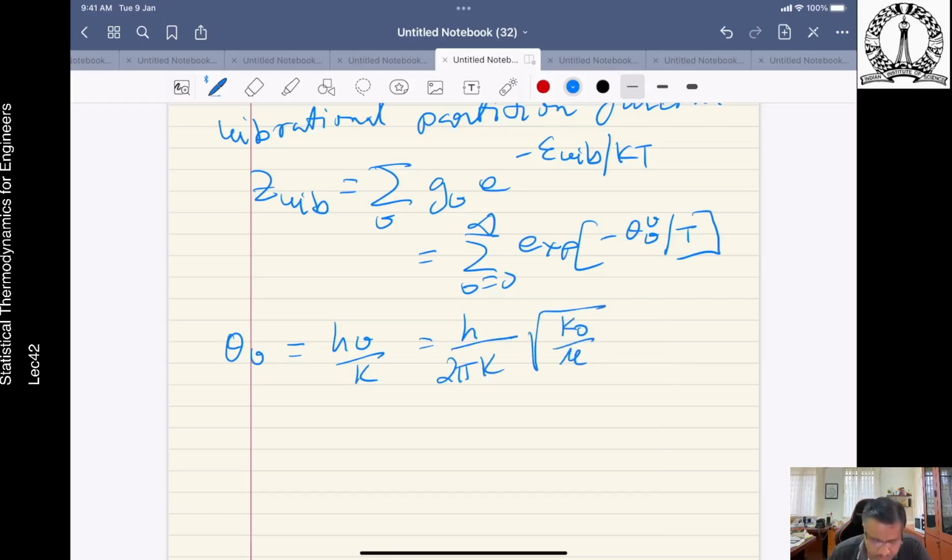So this we already know. So theta V is roughly 10,000 to about 6,000 Kelvin for full excitation.